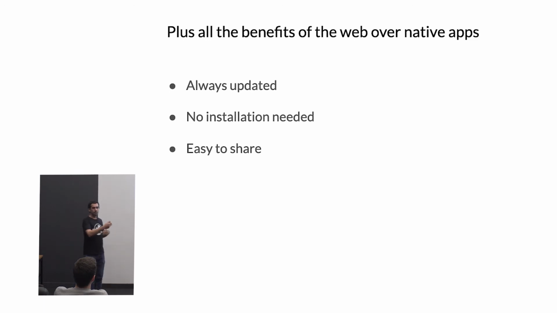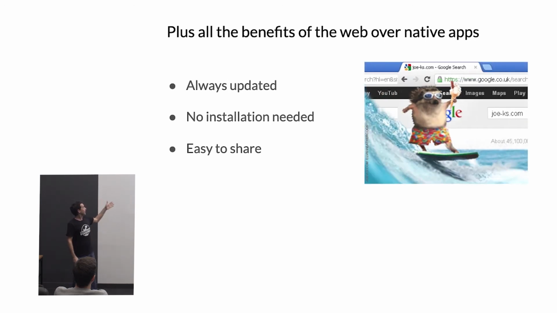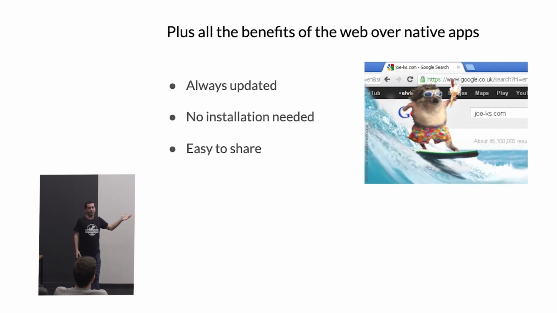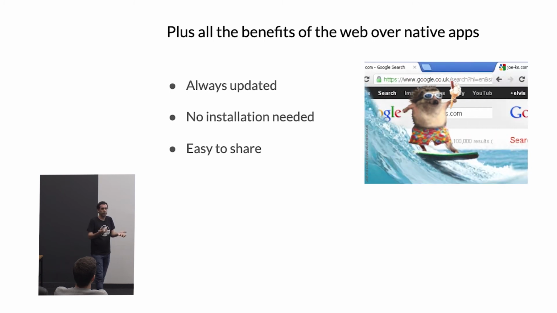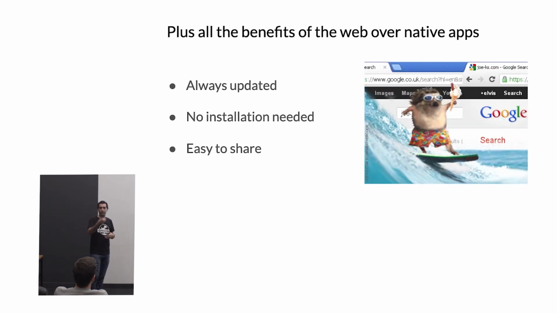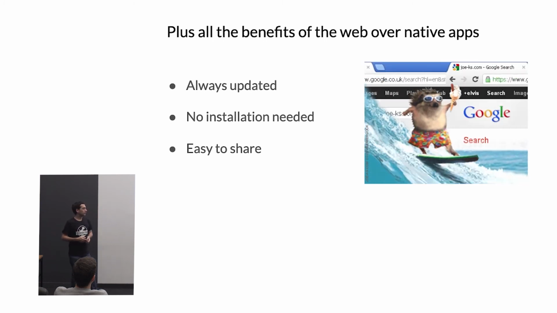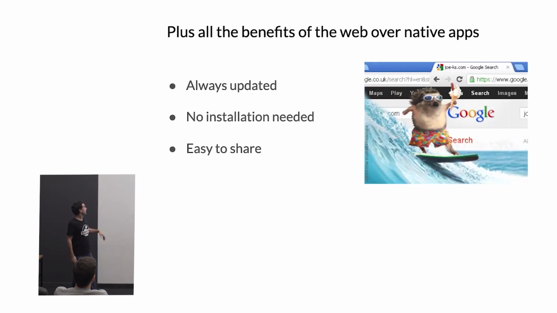And on top of all those things, we have some other web benefits over native apps. They are always up to date, because the user can download a fresh copy of our web without the need to update it through the App Store.